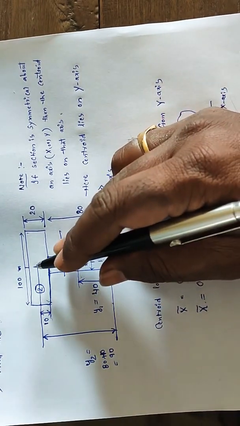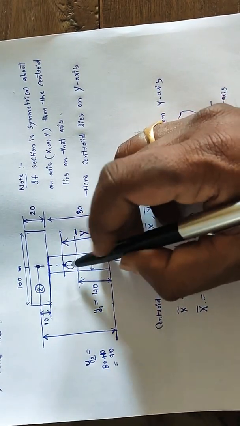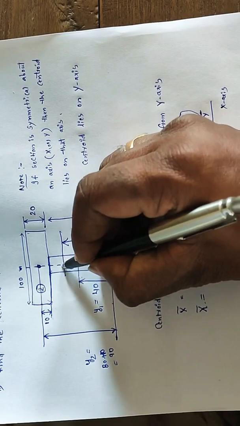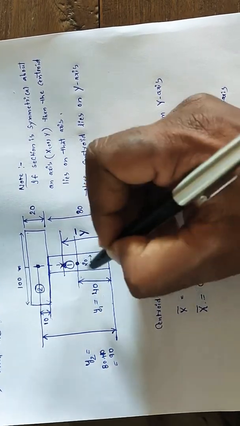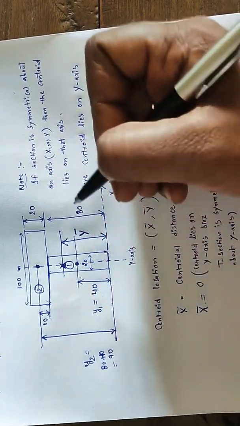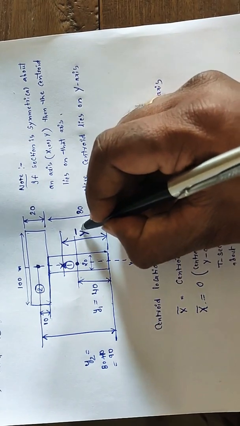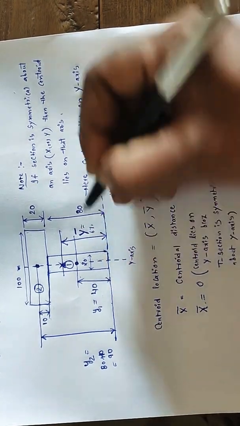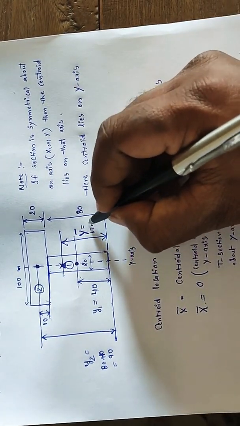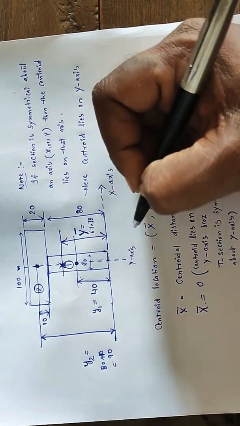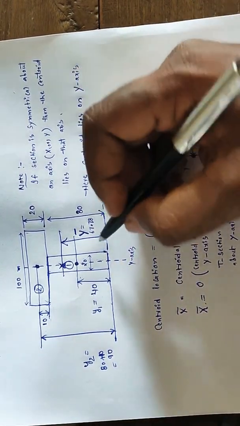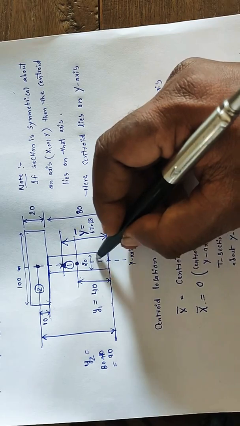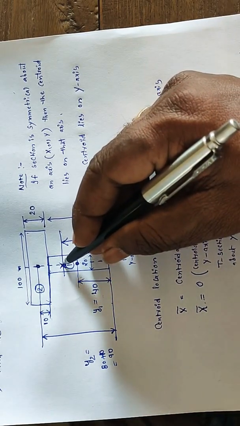So the centroid lies on this y-axis. So here it is lying. So this value y bar is 67.78 mm. So from here to here if you measure, it is 67.78.